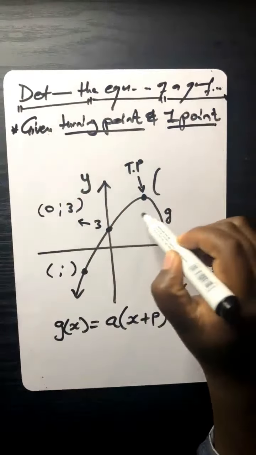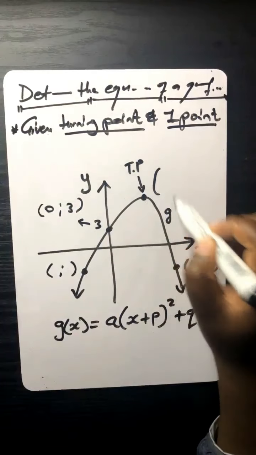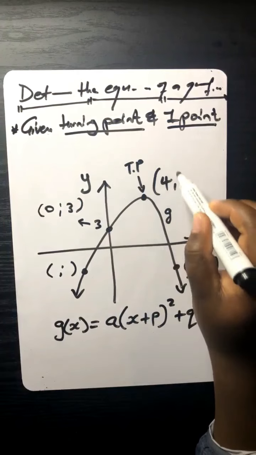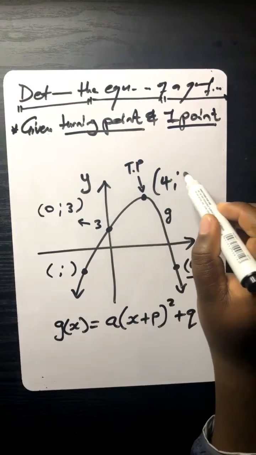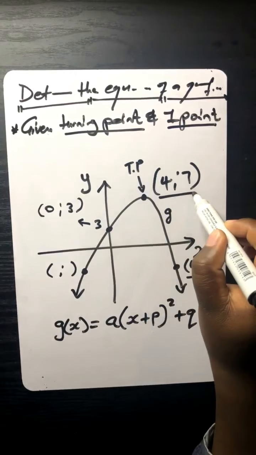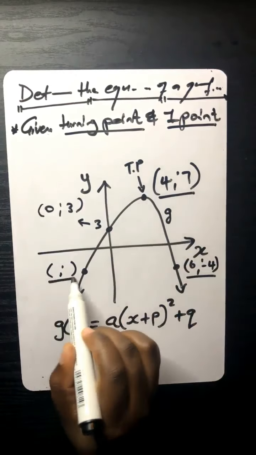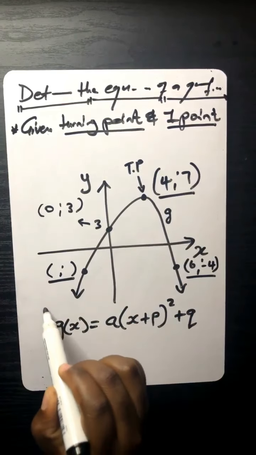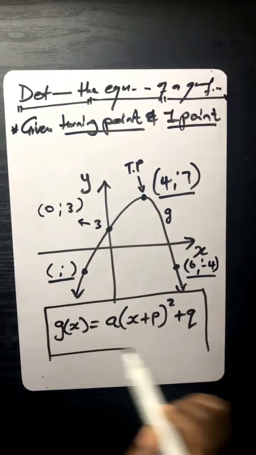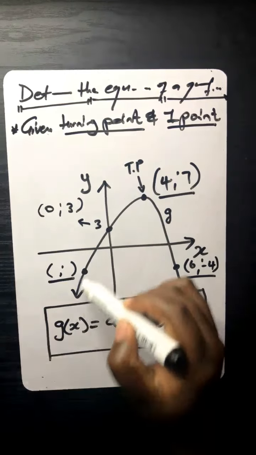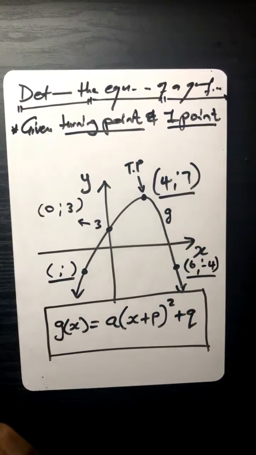Let's say, for example, the turning point there, what is it? Let's say it's 4, and then the y value, let's say it's 7. So you can see you've got the turning point, and again, as an example, you've got 1 point. That means this is the formula that you use to determine an equation of that given function.